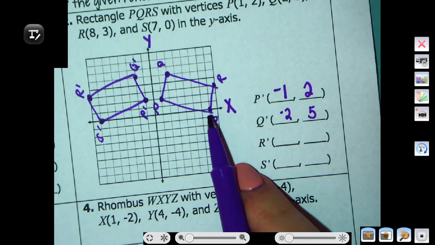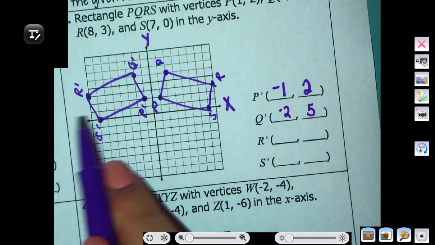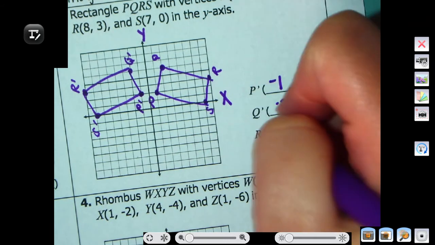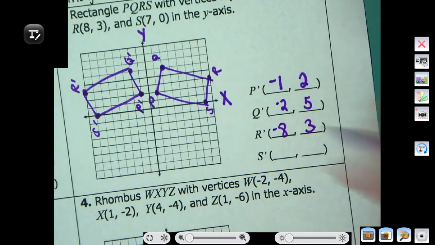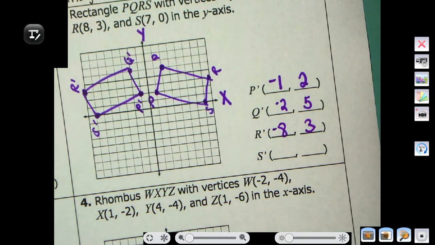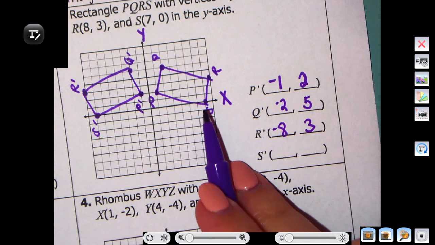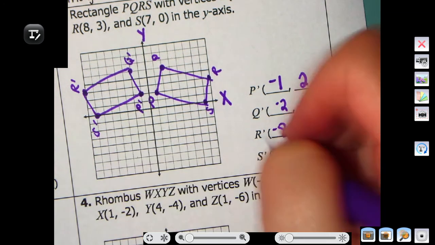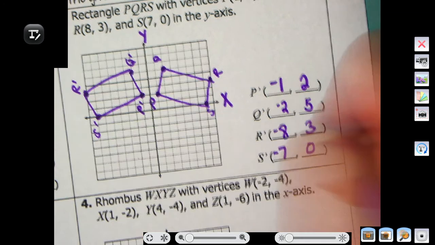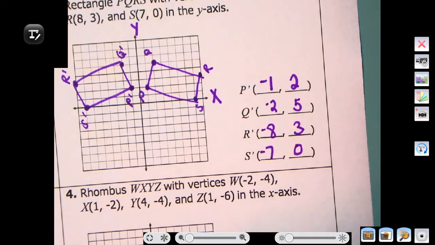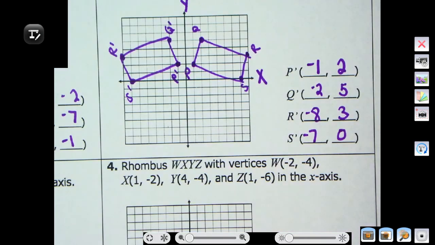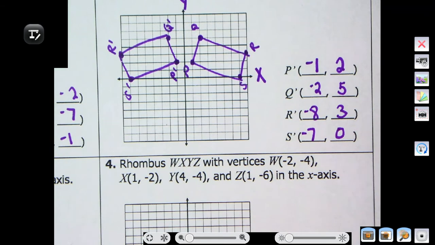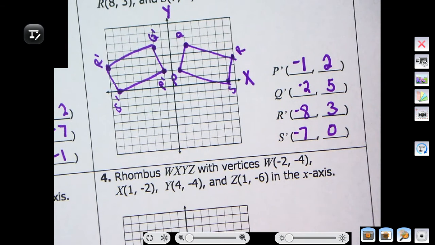R went from 8, 3 to negative 8, 3. And S went from 7, 0 to negative 7, 0. So my x value is what turned into its opposite. So number 3 and number 4 are also going to be a reflection.